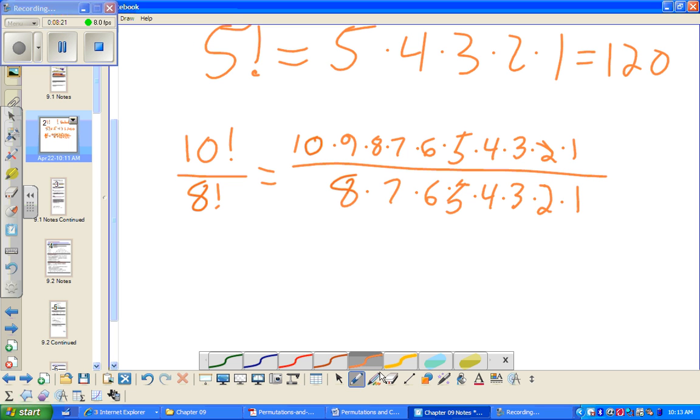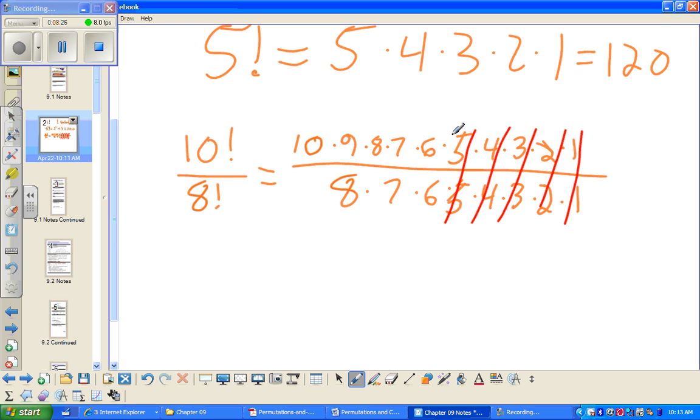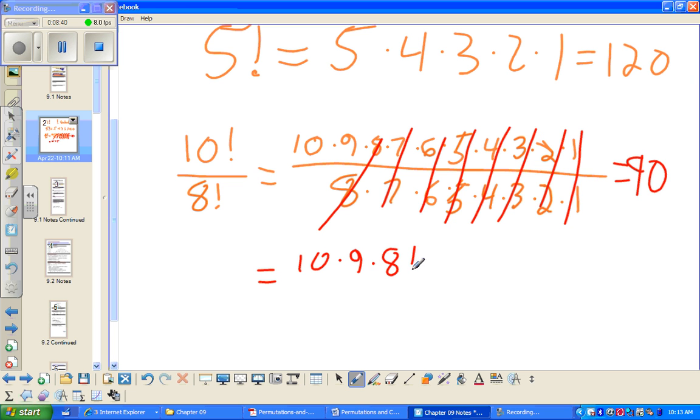And the point is, you should realize those are going to cancel out. And it's just going to be the same as 10 times 9, which you should know without typing anything in, is 90. Another way to look at it is it equals 10 times 9 times 8 factorial divided by 8 factorial equals 10 times 9, which is 90.